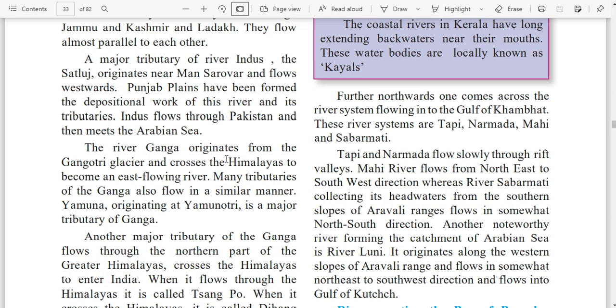The river Ganga originates from the Gangotri Glacier and crosses the Himalayas to become an east flowing river. Many tributaries of the Ganga also flow in a similar manner. Yamuna, originating at Yamunotri, is a major tributary of Ganga.